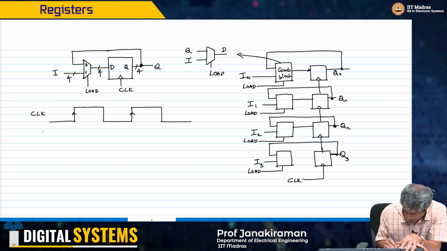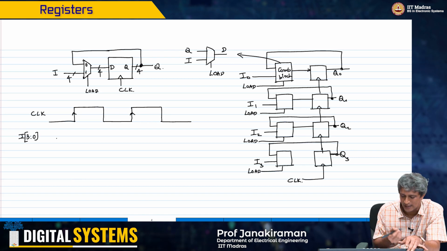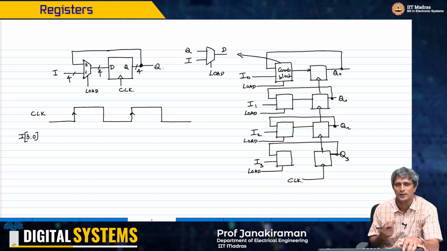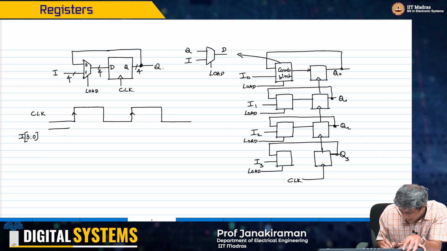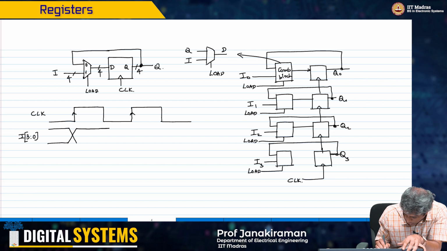Now as usual, my I, and I will write it as 3 down to 0, right, with I3 being the MSB, I0 being the LSB. That really doesn't matter for now, because we are not treating this as any arithmetic number at this point, okay. The I is going to change from state 1 to state 2 to state 3 and so on.